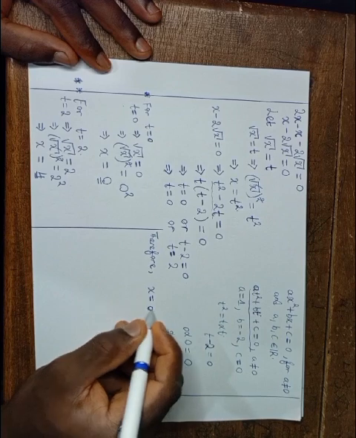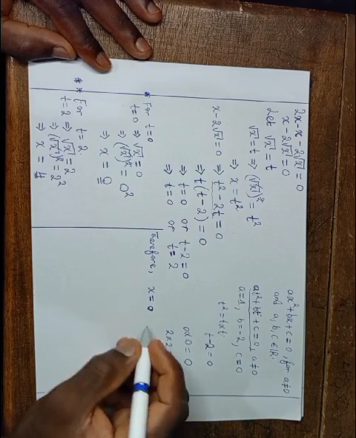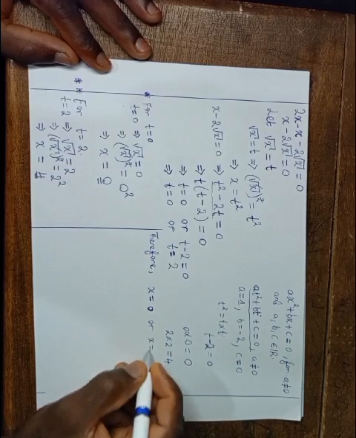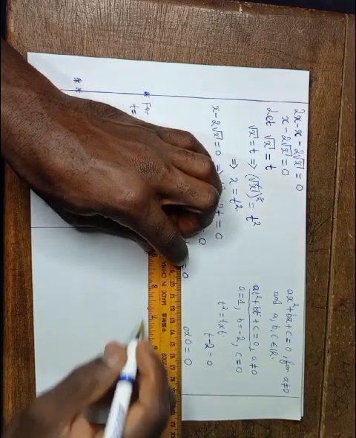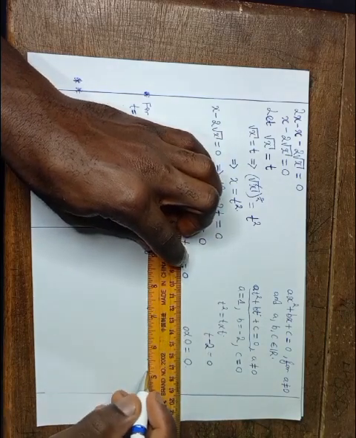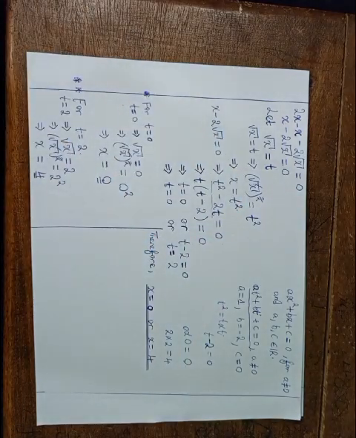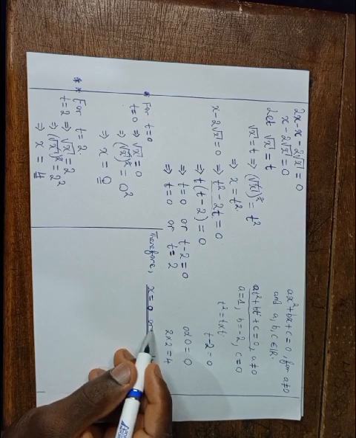We are going to present the solutions in ascending order, from the smallest to the biggest. X will be equal to 0 or x will be equal to 4. Underline these answers. You cannot say x will be equal to 0 and x equal to 4, because x cannot take two values at the same time. That's why we are making use of the word or.